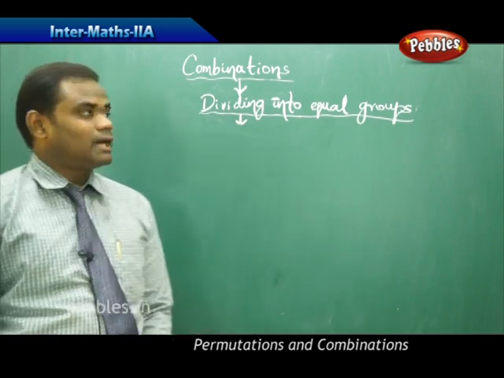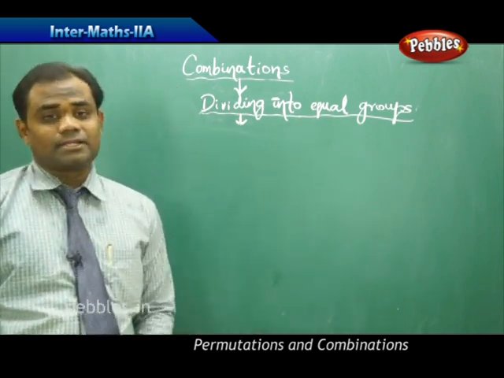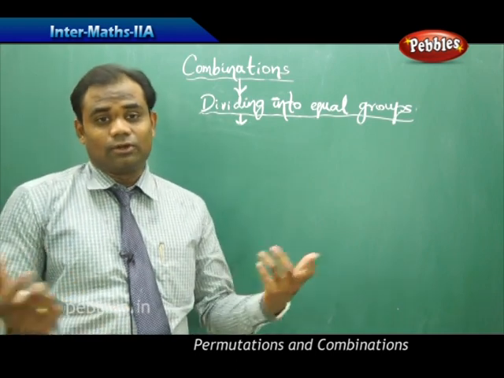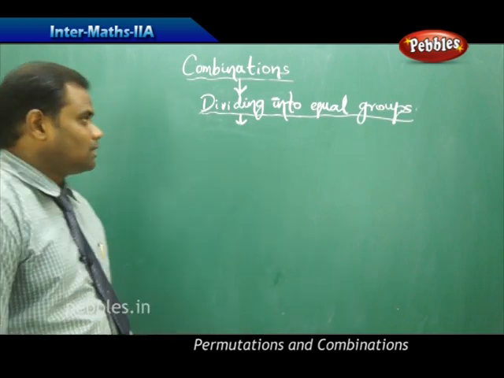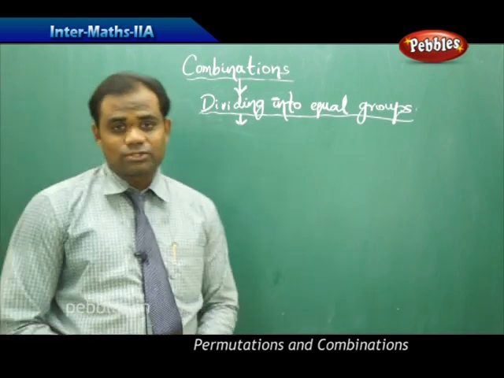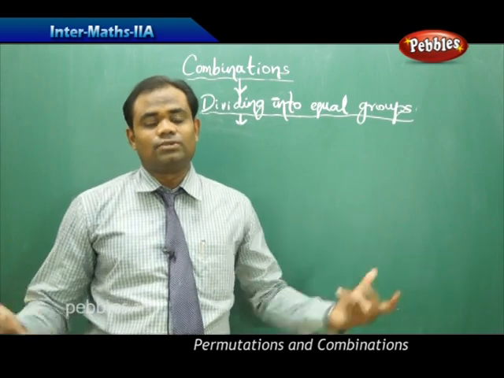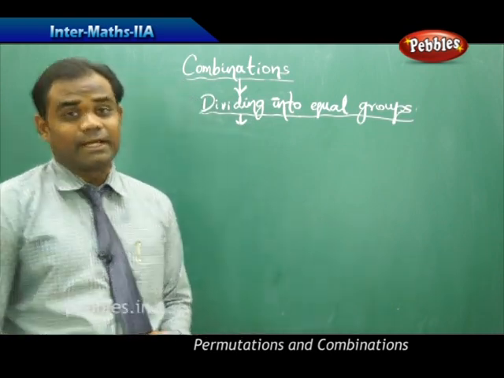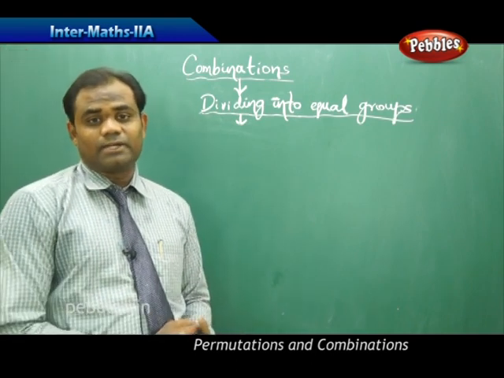Now, suppose I have equal groups which I need to divide into. In the previous case, the two groups were with not equal number of students as taken in the previous problem. Now, suppose I want to divide the same 10 students into equal groups of 5 students and 5 students, that is 2 equal groups. Then in that case, we have a slightly modified formula for the previous session.